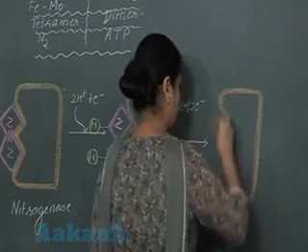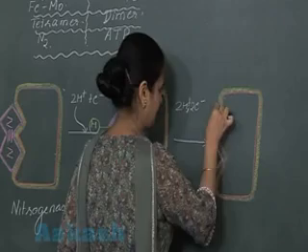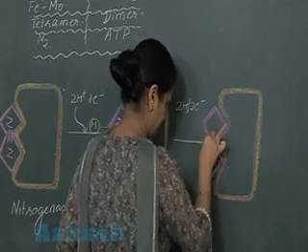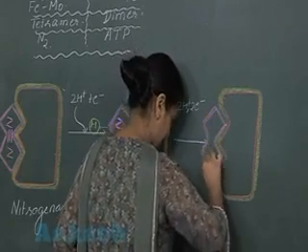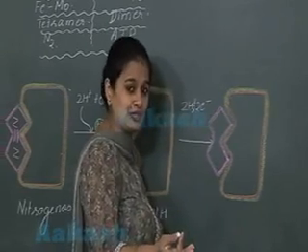So when again reduction will occur, 2 more hydrogens, they are added.